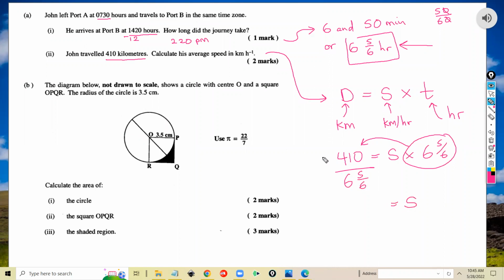Now remember, when you're dividing this, you can do it straight on your calculator because your calculator has a fractions button. Anybody getting this? I'm getting 60 kilometers per hour flat without any decimals. That is if you use your fractions button on your calculator, right?